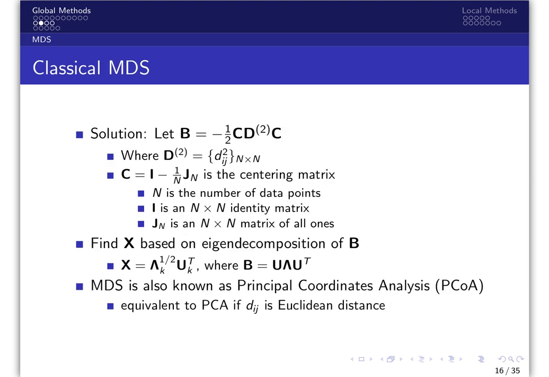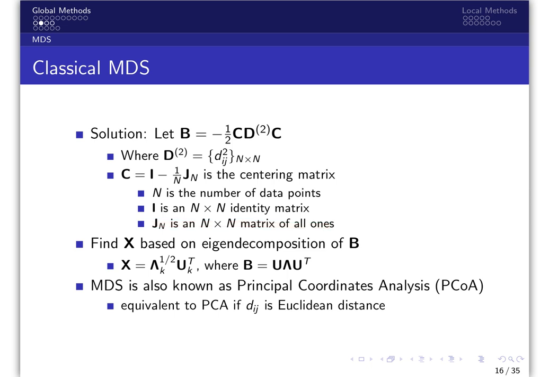Classical multidimensional scaling proceeds by setting up the squared distance matrix. Then apply double centering using this matrix calculation, where C is the centering matrix, n is the number of data points, I is the n by n identity matrix, and J sub n is the n by n matrix of all ones.